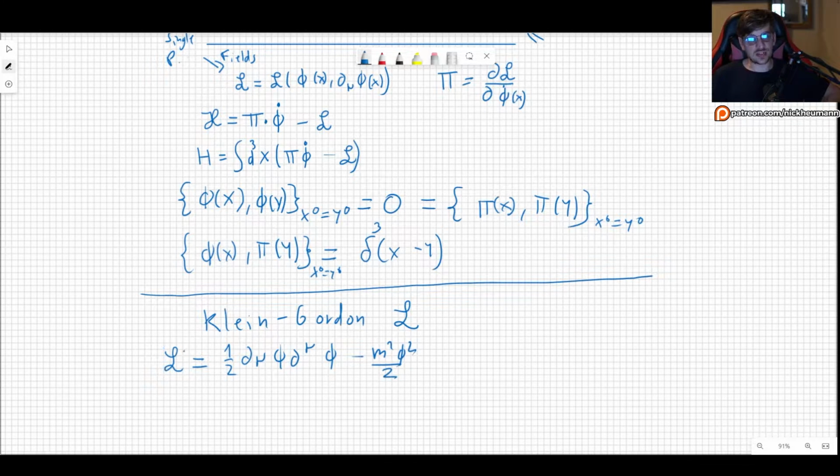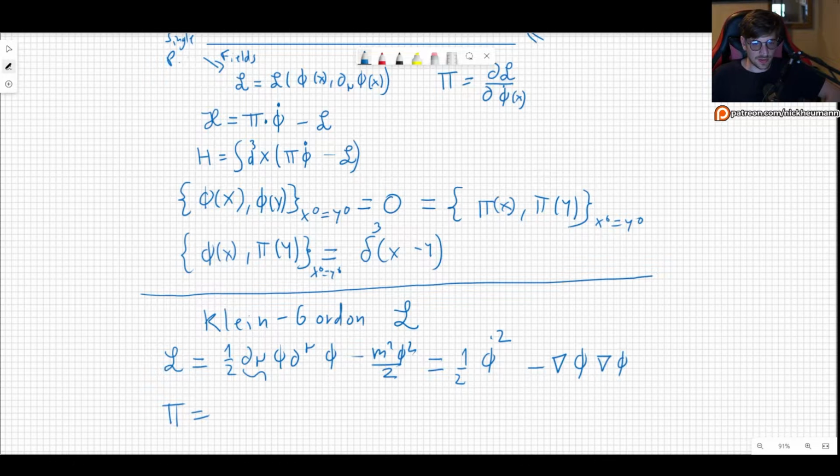Okay, so if this is the Lagrangian density, then we need to find a few things. First we need to find the canonical momentum pi, the conjugate momentum. This is the derivative of the Lagrangian with respect to phi dot. Maybe let's rewrite this because we don't have any phi dots here. Keep in mind d mu is the time derivative, comma, spatial derivatives. So what we have here is 1/2 of phi dot squared, minus del phi squared.